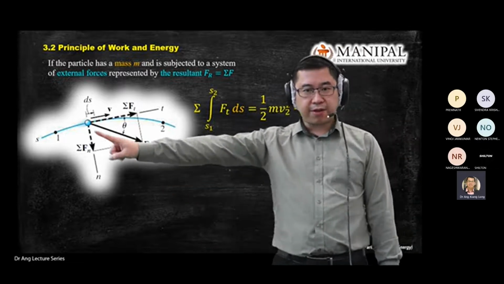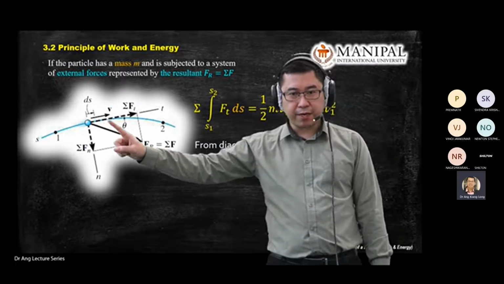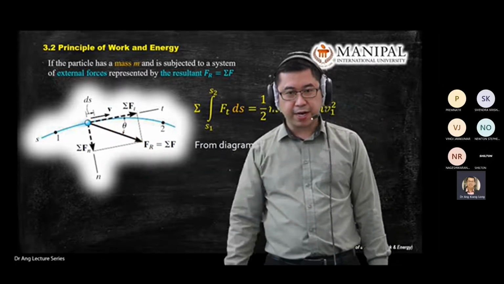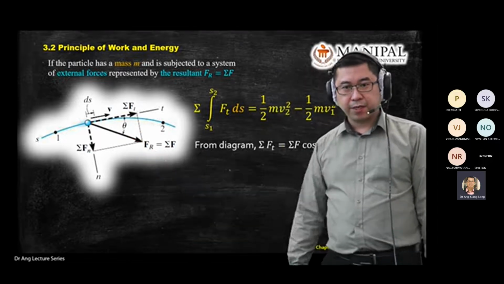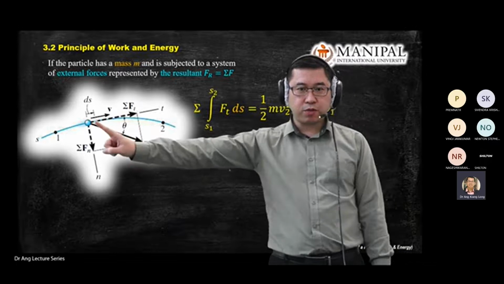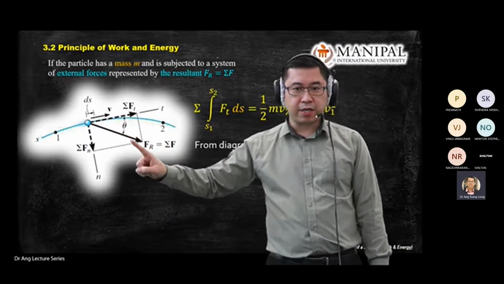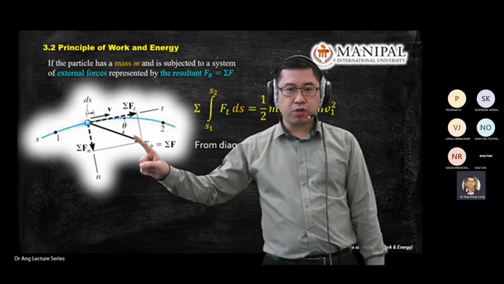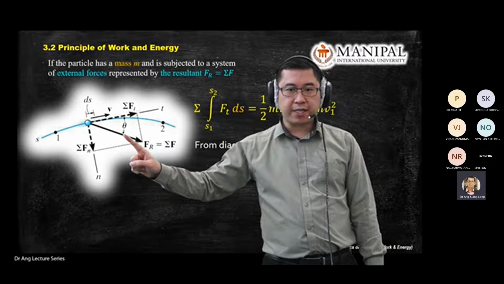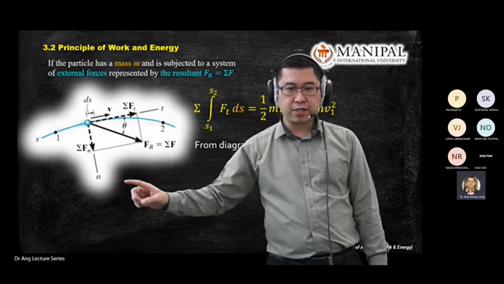Once you have a force in a different direction from the movement direction, they will form a theta. So from this theta, when you draw the free body diagram, you can form a right angle triangle that allows you to use trigonometry to project this force into normal and tangent direction forces.